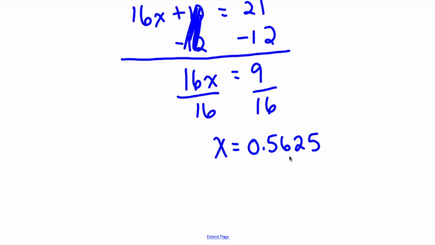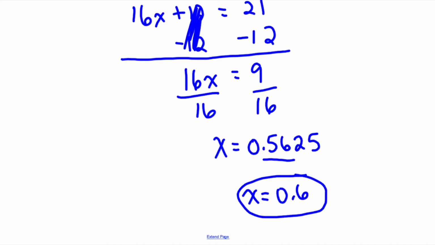So this is the exact answer, 0.5625, but we could also round this and just say 0.6, which a lot of times you'll see they'll have you round to either 2 decimal places or 1 decimal place like this. That'll all depend on what the answer is, because these will be multiple choice questions on your keystones.